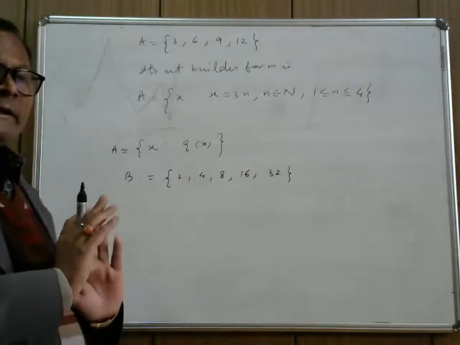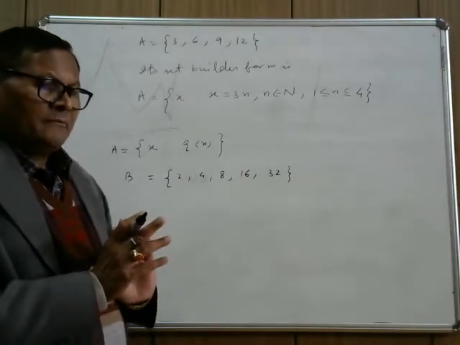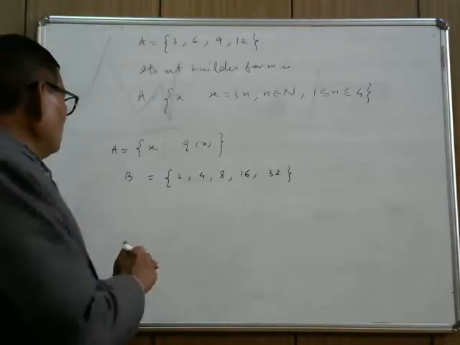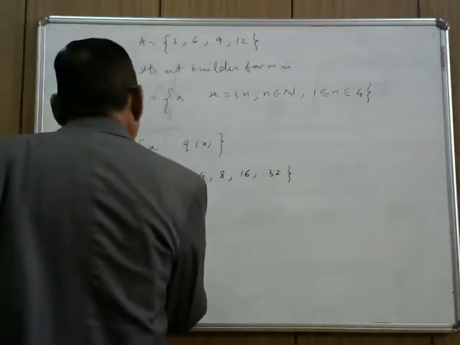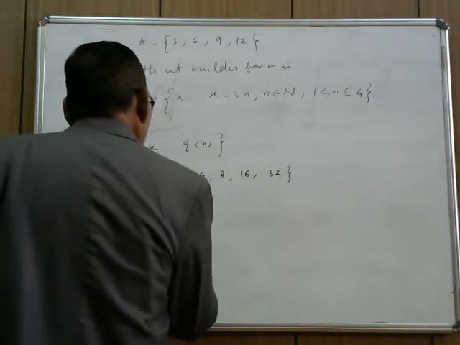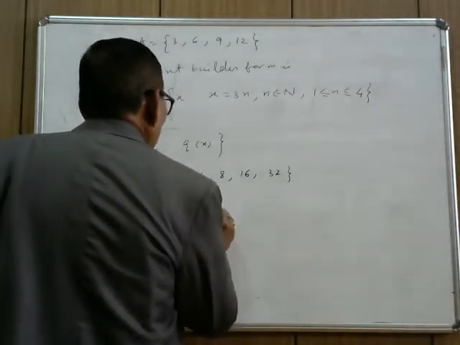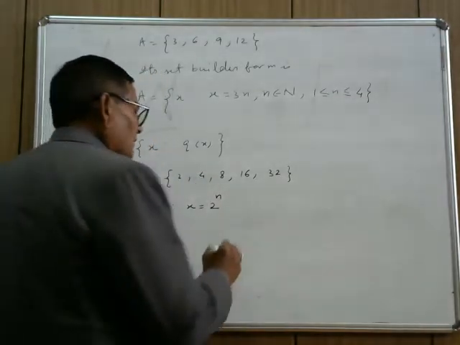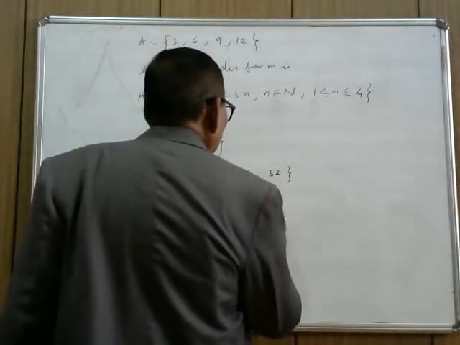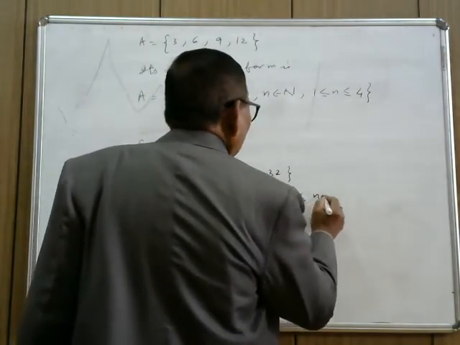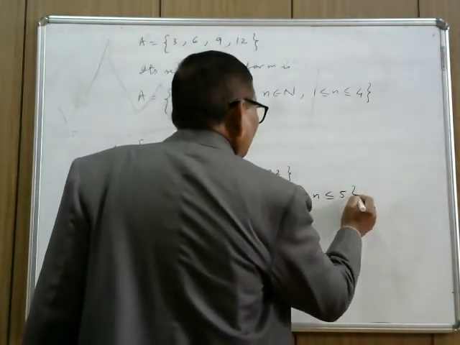This means you are taking the elements of this set as powers of 2. So you can write your set B as all x such that x is equal to 2 to the power n, and n belongs to the natural numbers, 1 is less than or equal to n is less than or equal to 5.